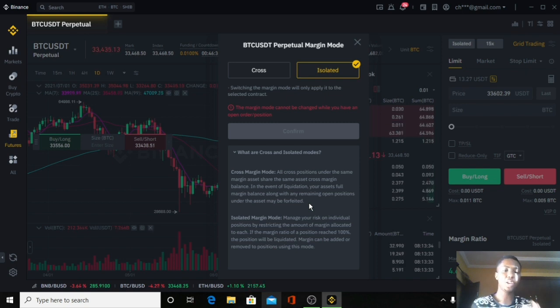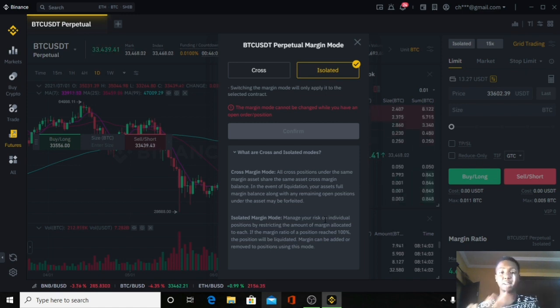So if your trade starts going the other way and hits your liquidation price, the whole money on your futures account will be liquidated. But for isolated margin mode, you manage your risk on individual positions by restricting the amount of margin allocated to each. So basically the difference is that with cross margin, if it hits your liquidation price, you lose everything.